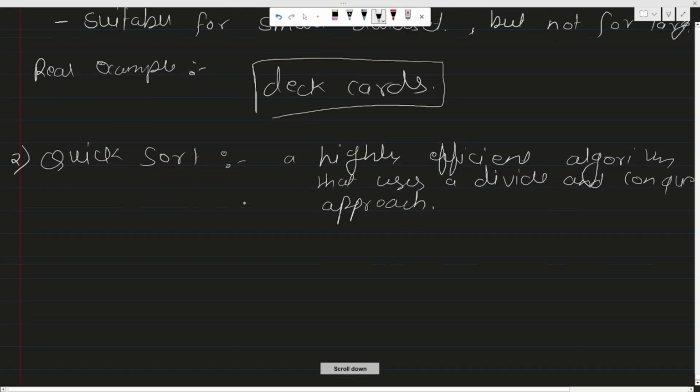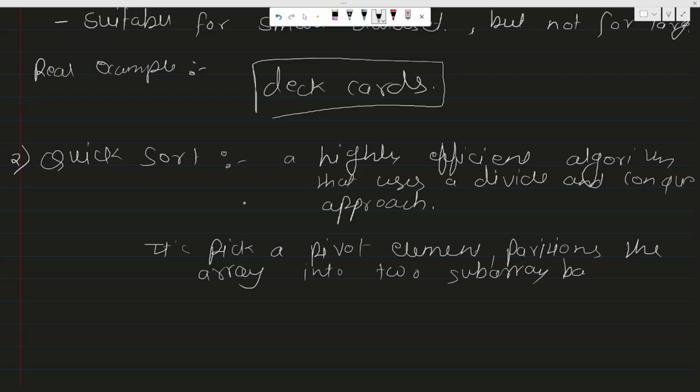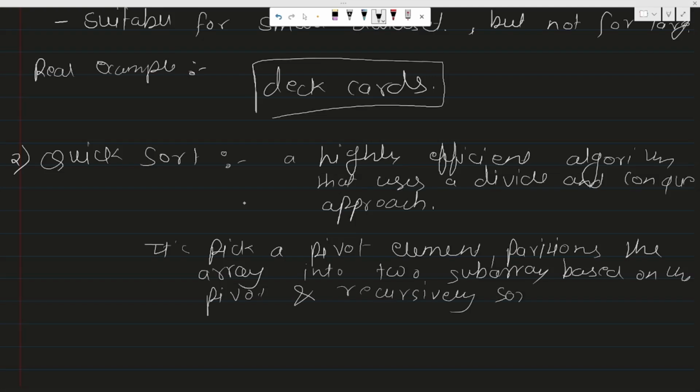In short, pick a pivot element, partition the array, basically dividing it into two parts, two sub-arrays based on the pivot, and recursively sort them as well.